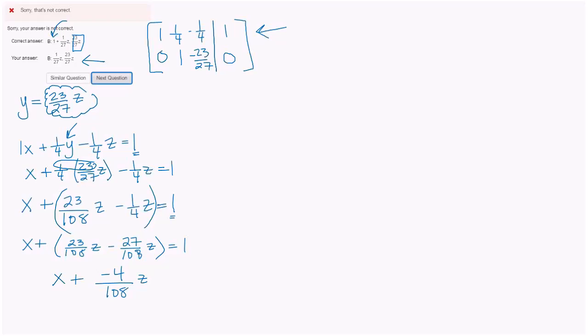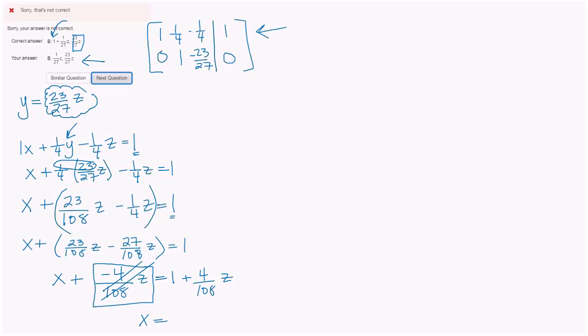X plus equals 1. And then I'm going to add 4 over 108z to both sides. That cancels that out.